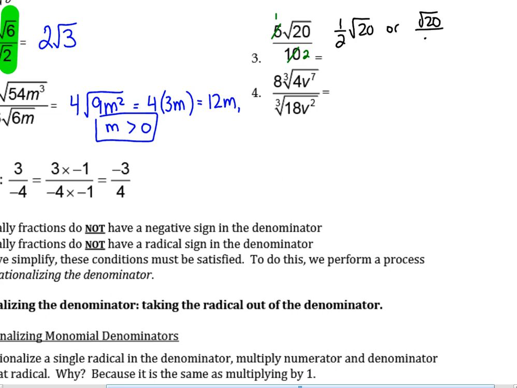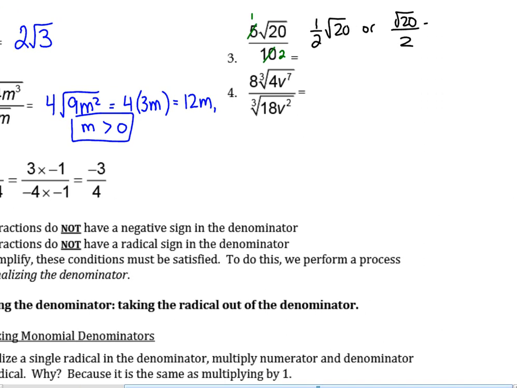Which one do you prefer? Root 20 over 2. Okay, let's work with that one. Are we done? Nope. Why not, Chase? Simplify the radical. You can break that into 4 times 5, square root of 4 is 2 root 5 over 2, which just equals root 5. The 2's cancel.